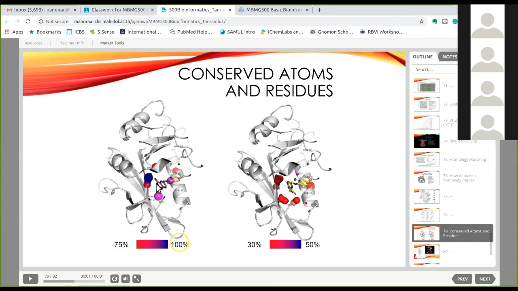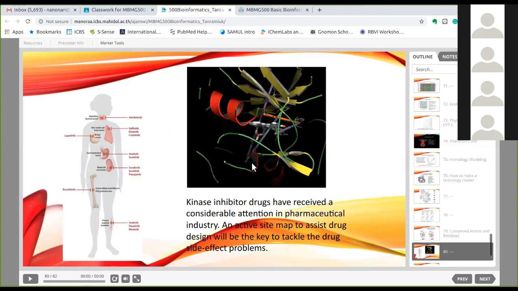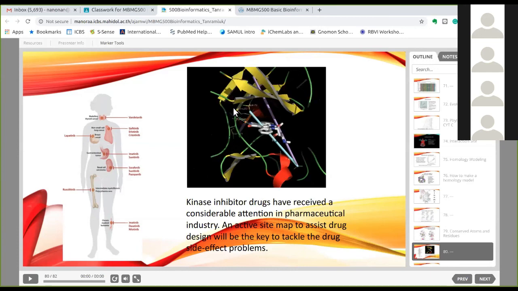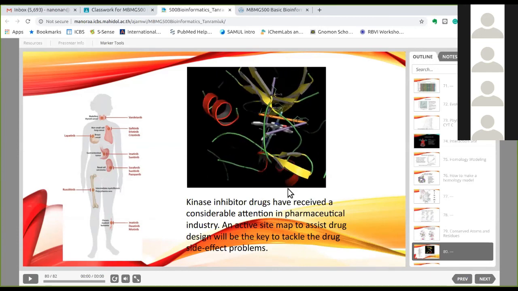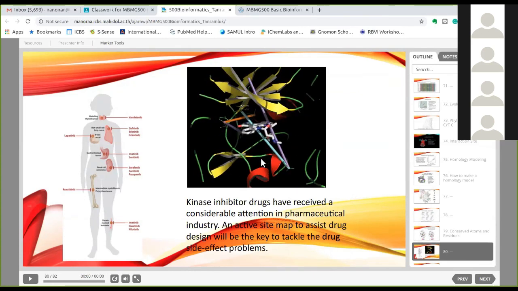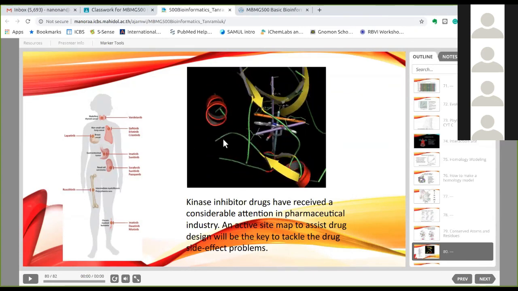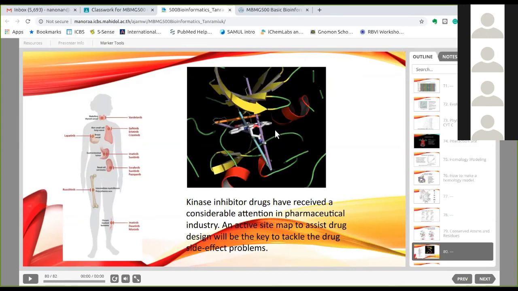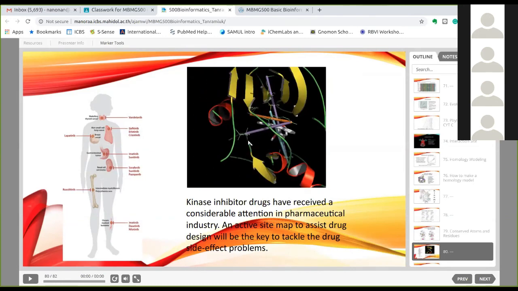So this part of the drug, these blue tips, should be kept because they have conserved atoms and residues to interact with. And then you can learn which part should be expanded or which part should be contracted based on machine learning. So by having lots of protein structures, you can know which dimension inside the pockets should be expanded or should be contracted in order to bind the drugs better.